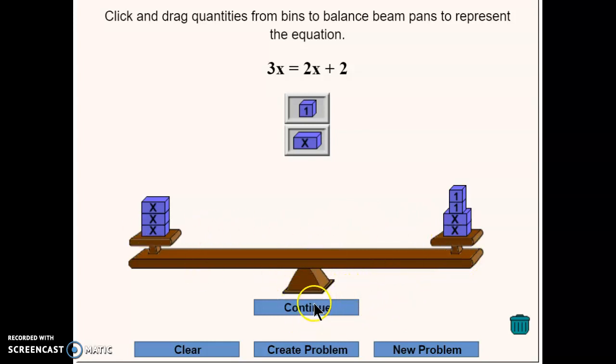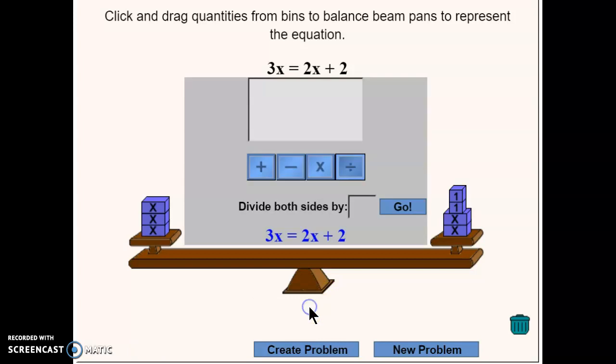So I can just continue. And now look at the equation. I have 3x on the left hand side, I have 2x on the right hand side, and a 2. The first thing, I want to make sure I only have x on one side, not both sides. That means I need to get rid of this 2x from both sides.